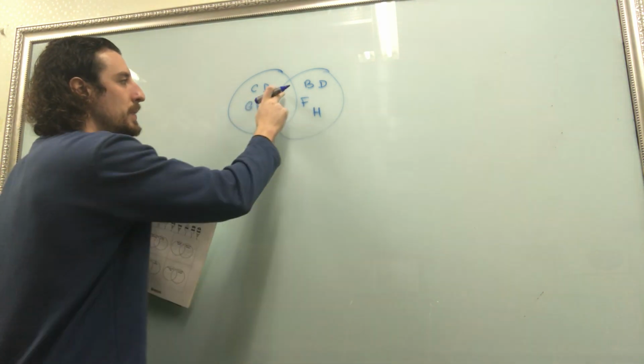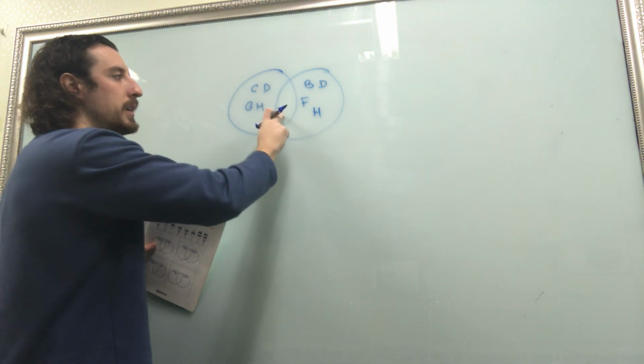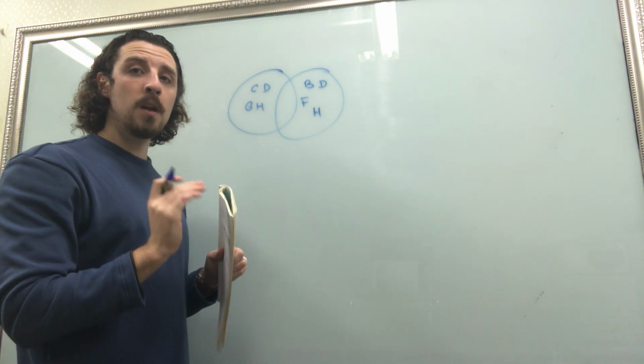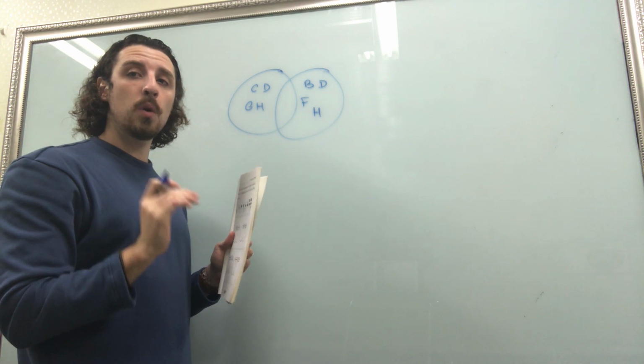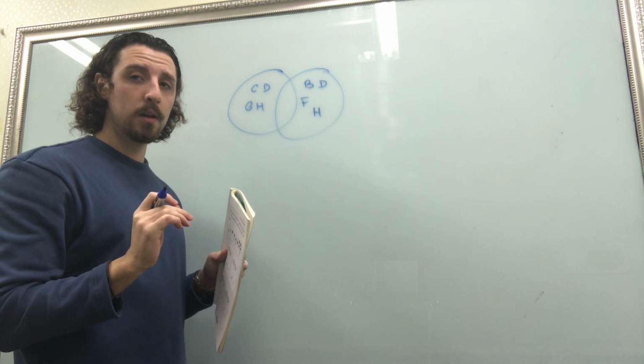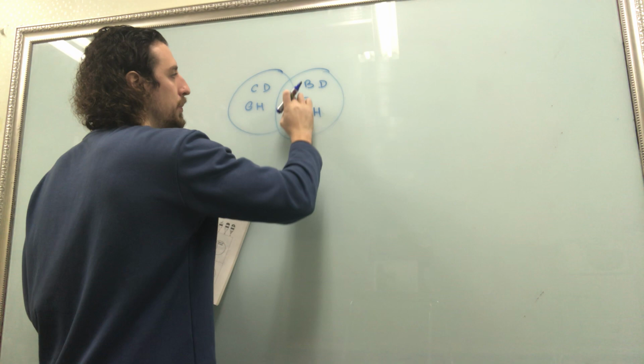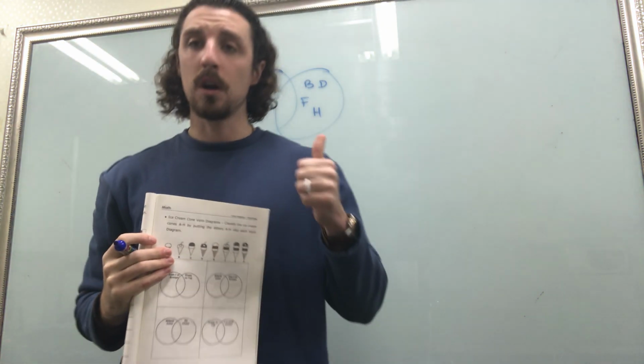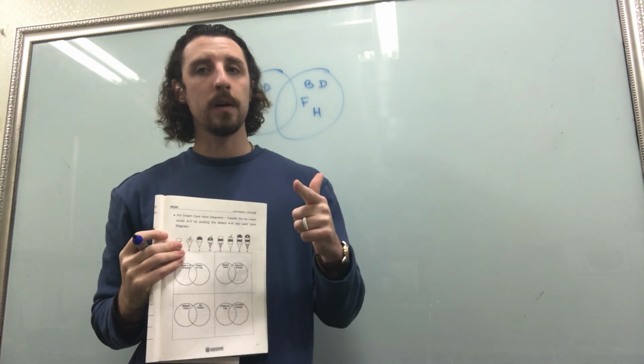Now, this middle part right here, that is where you have ice cream with an even number of scoops and also a cherry on top, okay? So that means it's shared between the 2 circles, okay? So we have our 2 things: even number of scoops and cherry on top.